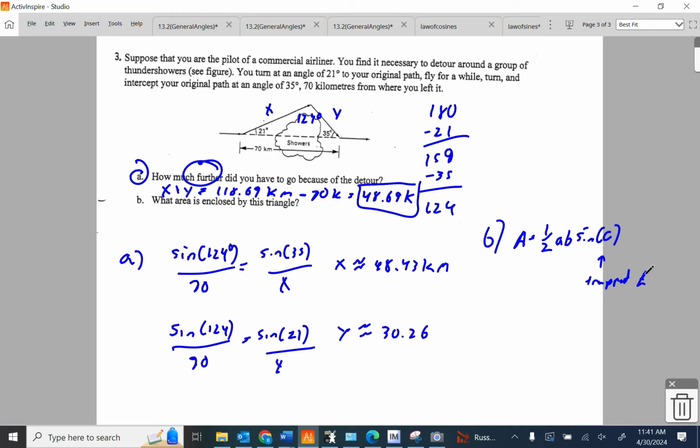So any two sides that trap an angle, and you can pick any angle. You could be this one, or this one. It doesn't really matter. I'm going to use 21 degrees for no good reason. Here's 70. Let me show you what I'm thinking. There's 70. The angle's 21 degrees, and we found side x to be 48.43.